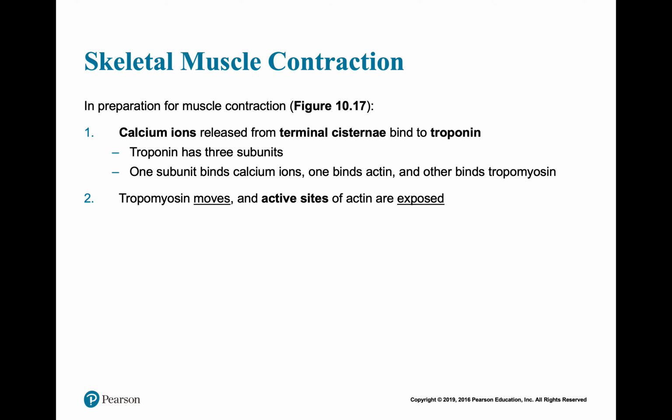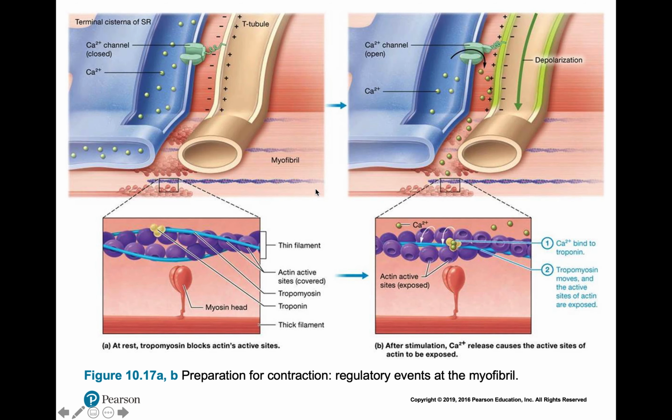And when troponin changes shape, because it's bound to actin and also to tropomyosin, it slides tropomyosin out of the way, but only when calcium is bound. So when calcium is bound to troponin, it changes its shape, slides tropomyosin out of the way, and exposes the active sites on actin.